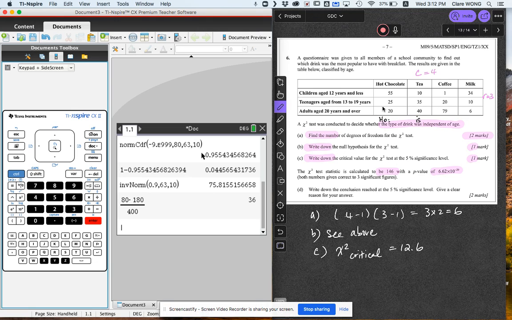Since I've talked about p-value already, I'm going to use the chi-square calculated. The chi-square calculated says, here, the same idea. This mark is 12.6. This is the critical value. Anything that is larger than this, again, falls into the rejection region.